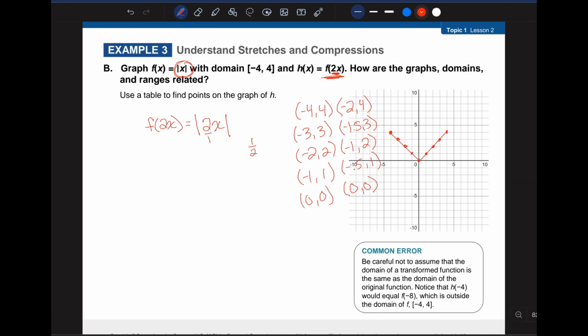So when I graph these points, I have negative 2, 4, negative 1.5, 3, negative 1, 2, negative 1/2, 1, 0, 0, and then again, you can mirror that over here to the other side, so it makes your V shape.